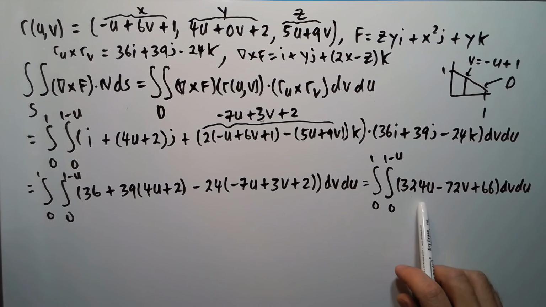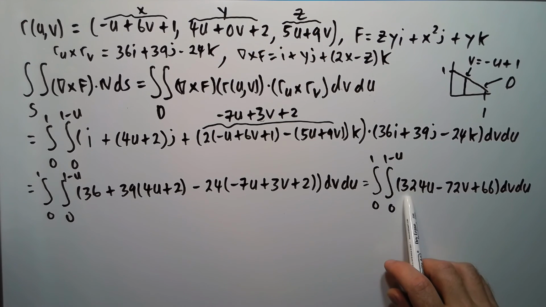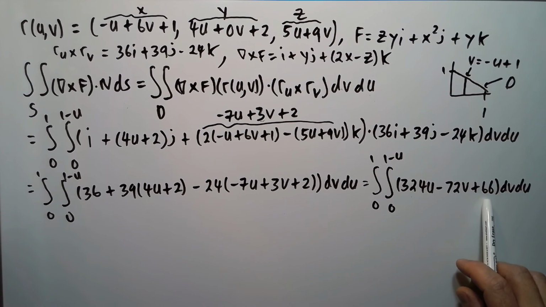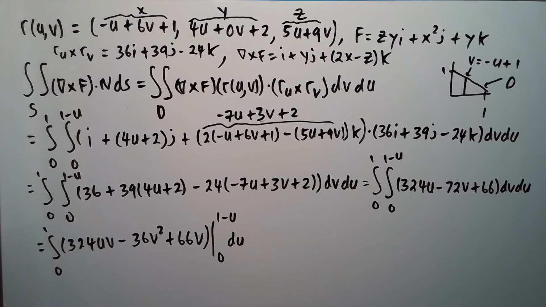Now we can start integrating, so it'll be the integral with respect to v, so it'll be 324uv, 72v squared over 2, 66v. So we'll get this then. I'm going to put the 1 minus u in place of v here, here, and here, and putting the 0 in, it disappears. So let's do that next.